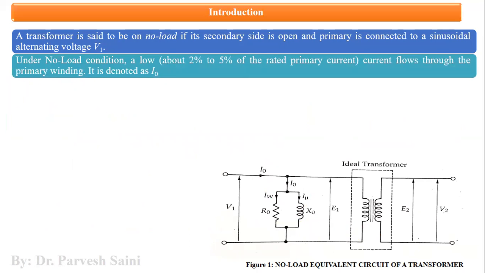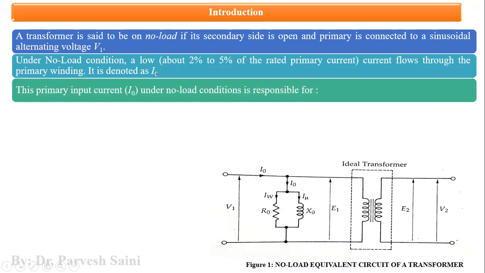Under no load condition, a minimum current, as I just discussed, of 2 to 5% of the rated primary current flows, and the rated primary current is always specified by the manufacturer. So we denote this negligible current as I naught, and we call it the no load current.